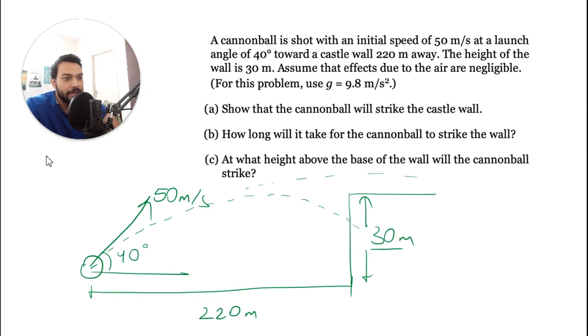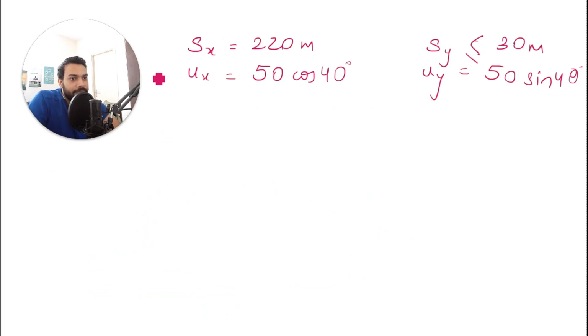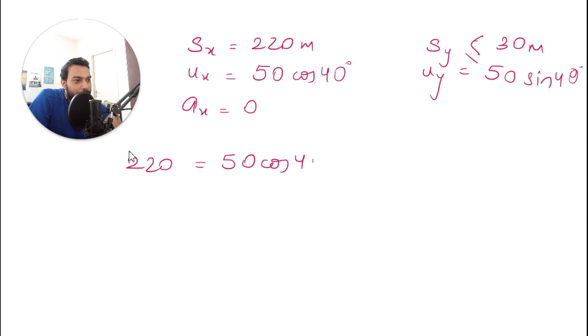At 220 meters, first of all, we need to find how much time it'll take to cover 220 meters in the horizontal direction. There is no acceleration in the horizontal direction because gravity is present only in the vertical dimension. So acceleration Ax is equal to 0. So S, 220, is equal to Ut, 50 cos 40 t, plus half a t squared.